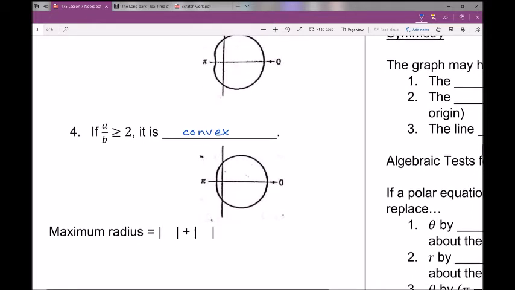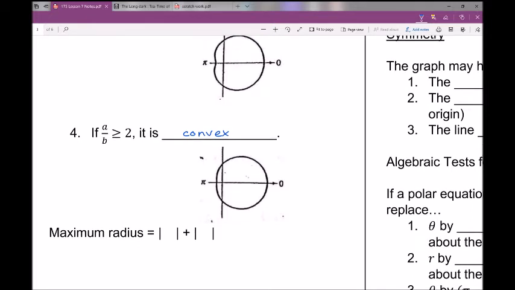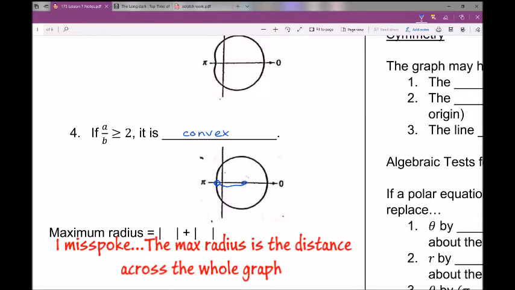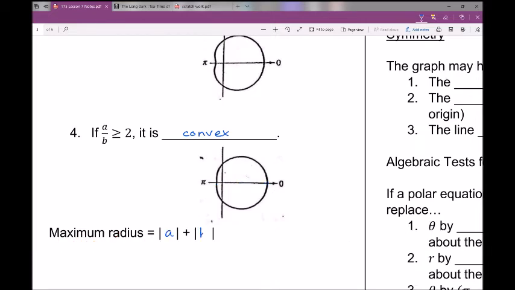And for all of these graphs, we can get the maximum radius, which is the distance from this flattened point over to the middle, or from this side to the middle, and all we have to do there is the absolute value of A plus the absolute value of B. So those are the limacon graphs.